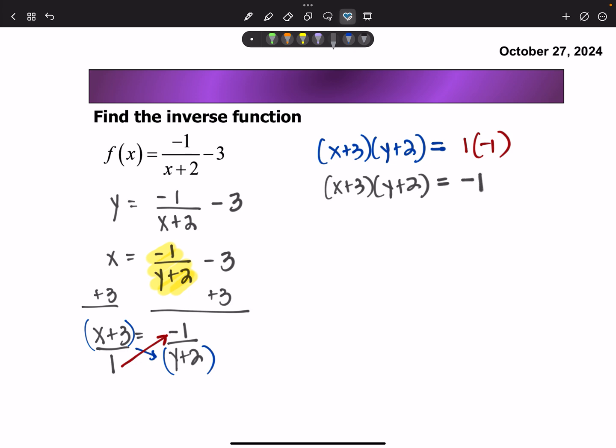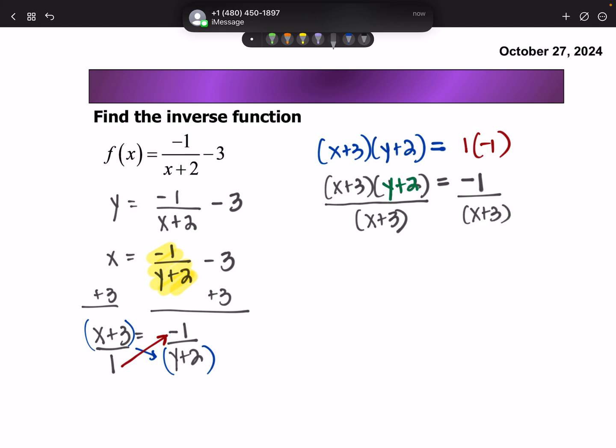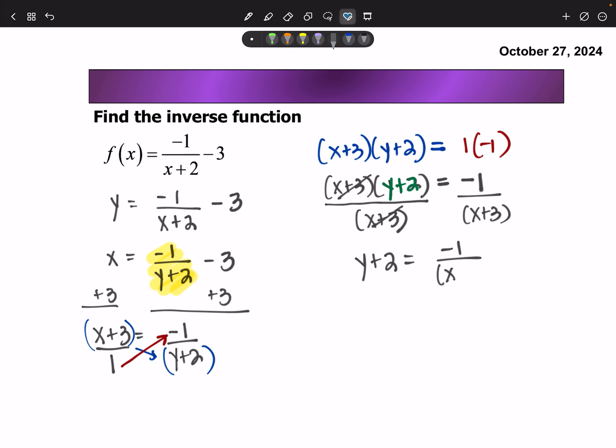Now, the last step before we got to the very end, where we were just cleaning up, was we want to divide by the binomial that has the x. So the binomial that has the x is the x plus 3. So I divide both sides by x plus 3, and we get y plus 2 equals negative 1 over x plus 3.